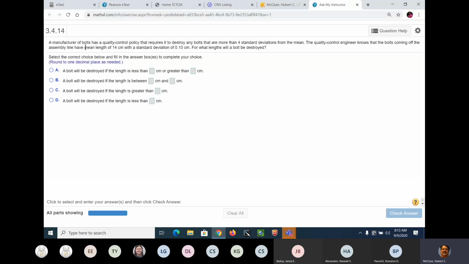Whenever you see mean and standard deviation, that means draw the curve. Usually when they give you mean and standard deviation, that means draw the curve. So let's draw the curve.